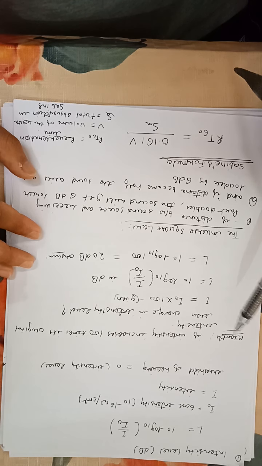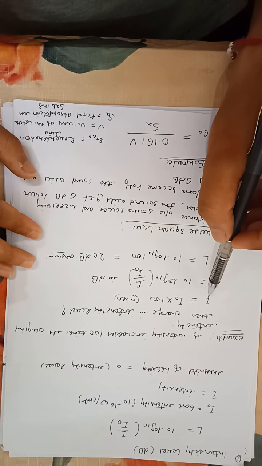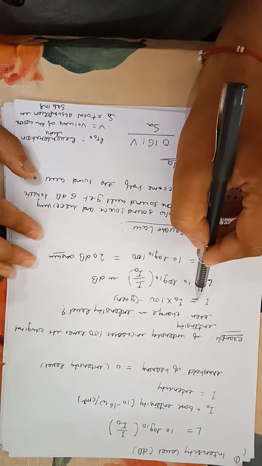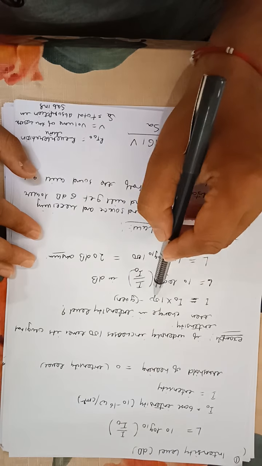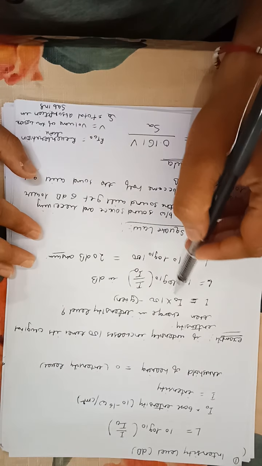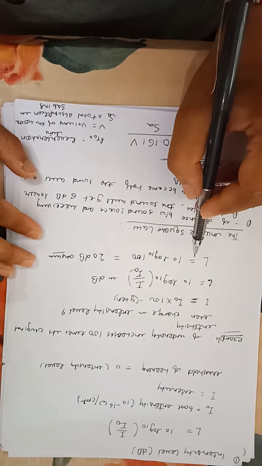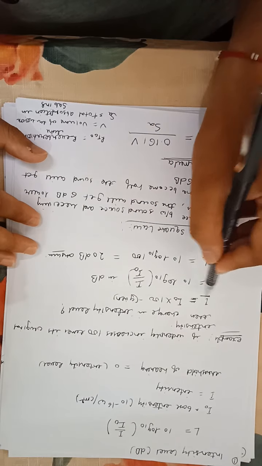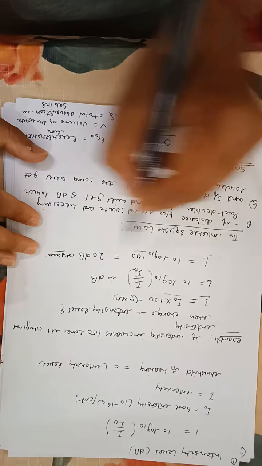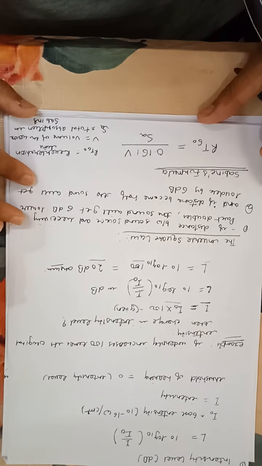We have the formula, and we put the value of the changed intensity, which is 100 times bigger. So L is equal to 10 log10 (I over I naught), with I over I naught equal to 100, and this becomes 20 decibel. So if we know the formula, we can solve the questions.